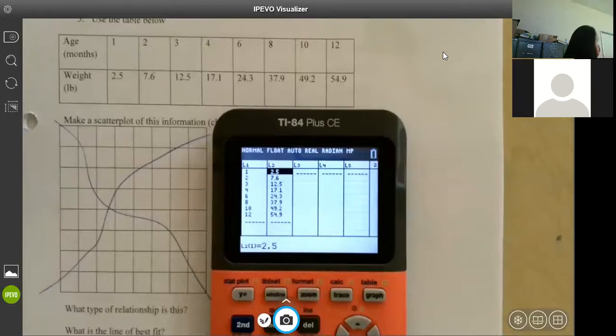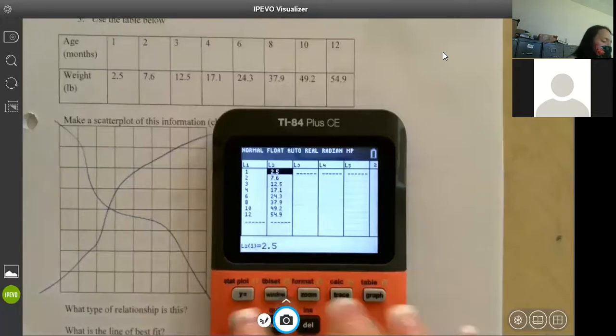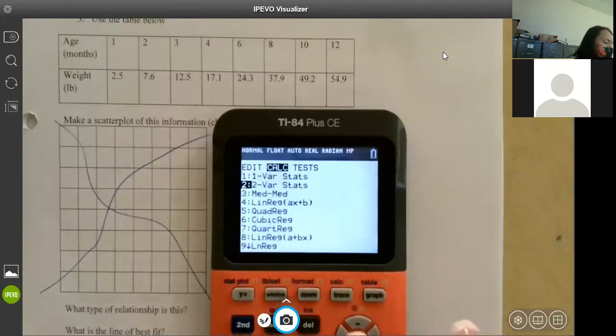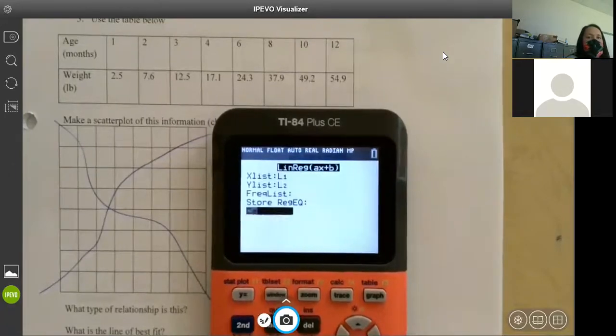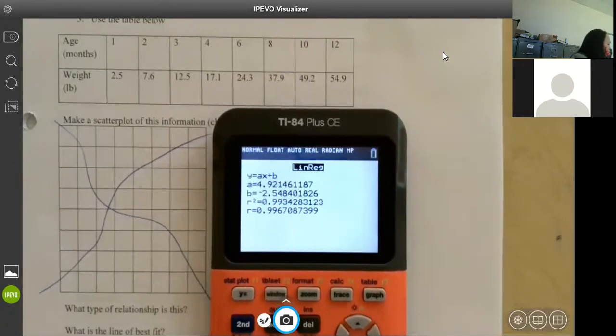Is everybody good? So far, so good? Got it all in there? All right. Stat, calc, linear regression. Everybody good?